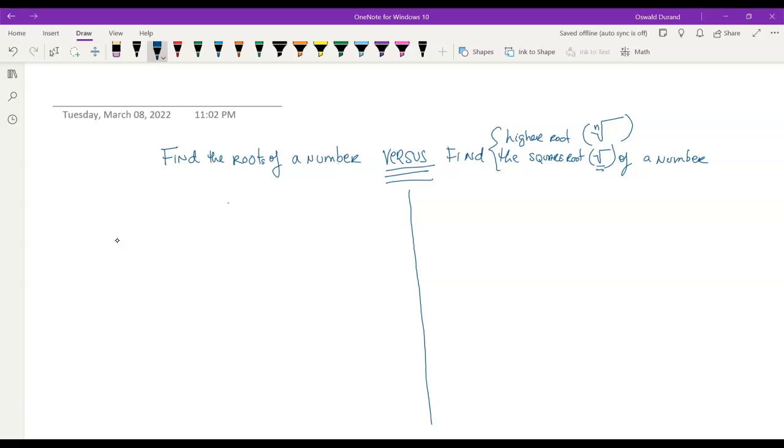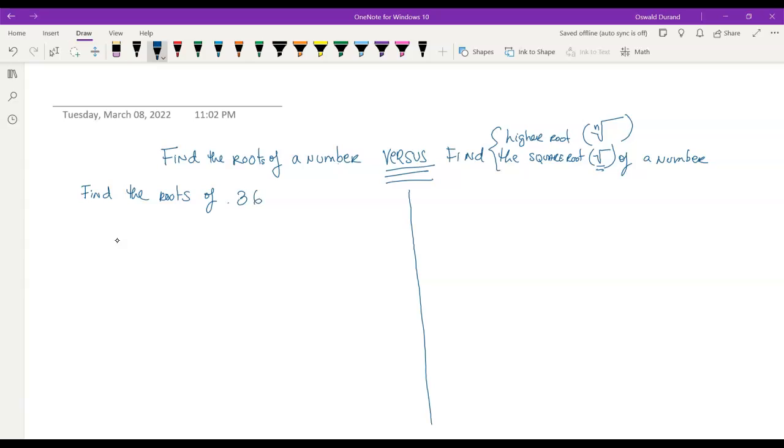So if you see the instruction saying find the roots of a number, so for example, find the roots of 36, for example.